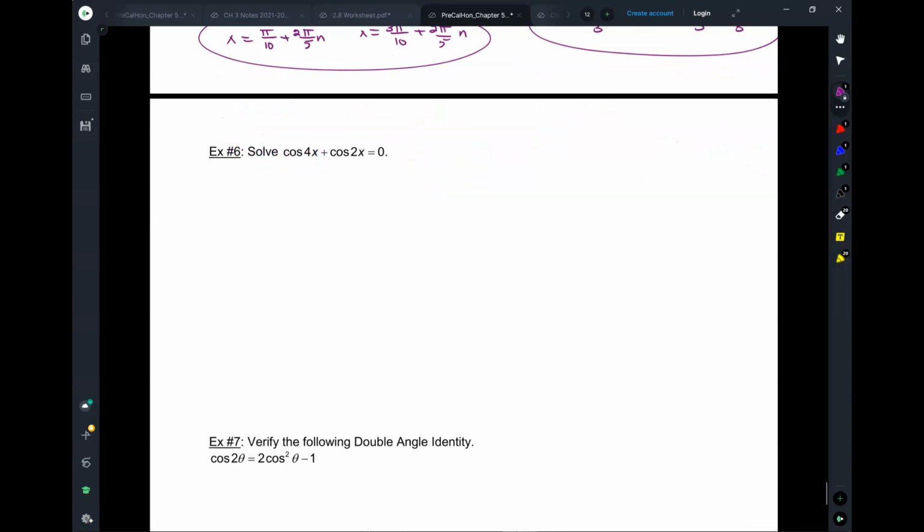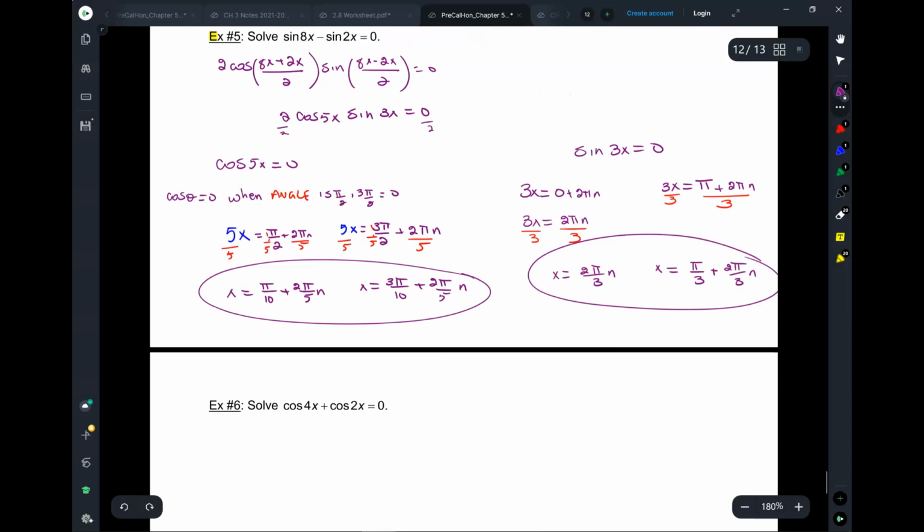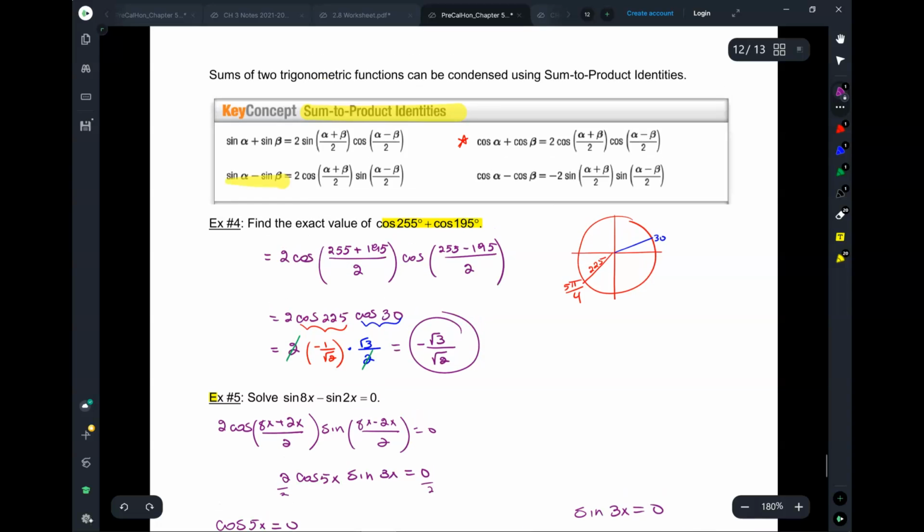Okay, so we have cosine 4x plus cosine 2x is equal to 0, right? And that's going to be this one with the red star.